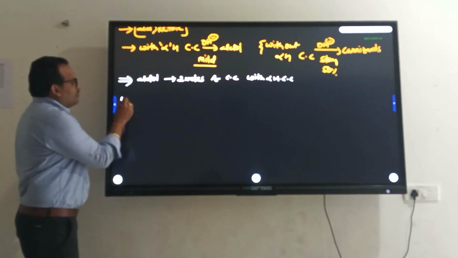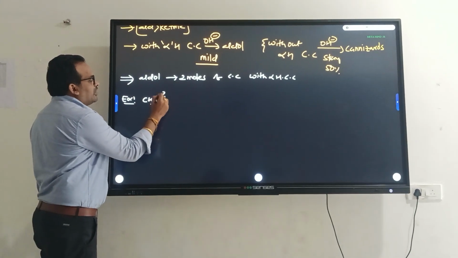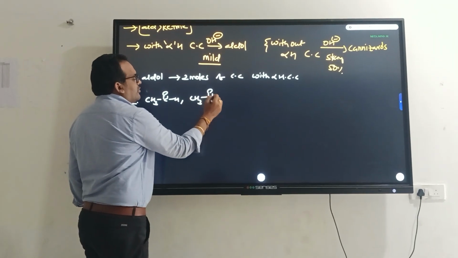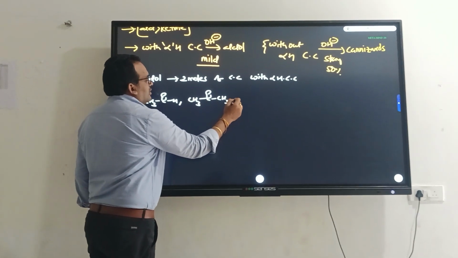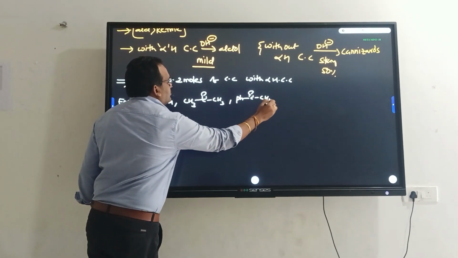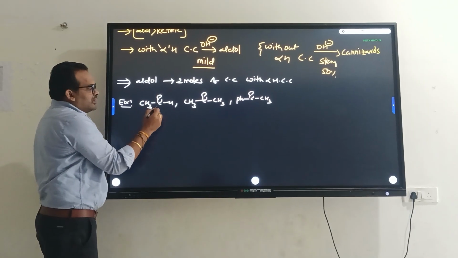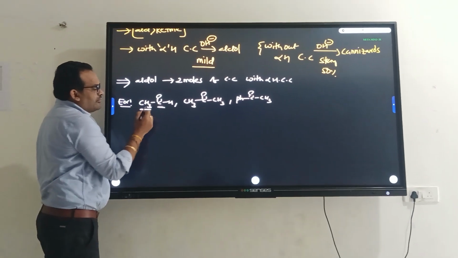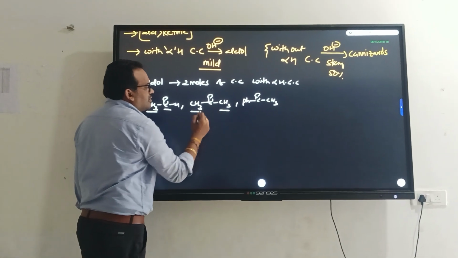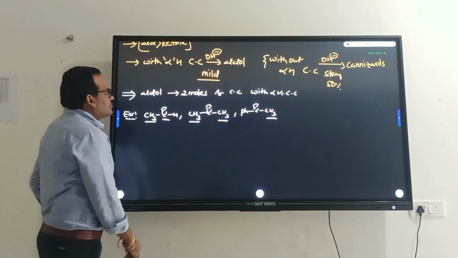Examples: you can take CH3CHO, or CH3COCH3, or you can take benzene C double bond O CH3. See children, the carbon attached to the C double bond O we call the alpha carbon. Here also alpha hydrogen. Here also alpha hydrogen. Here there is no alpha hydrogen. This one is the alpha hydrogen.